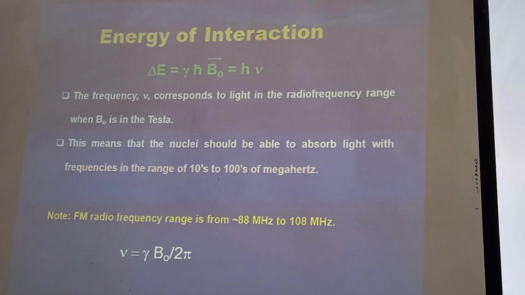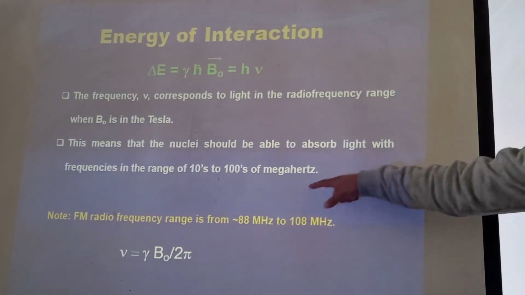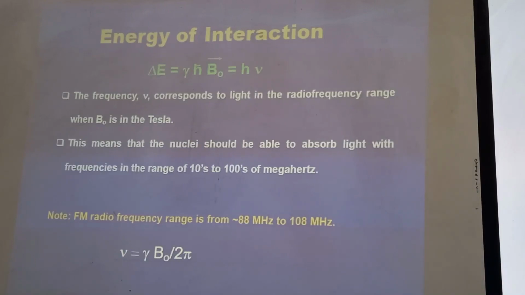Last time I told you that your NMR is a big, expensive radio. It operates in the same way as you operate your radio. You already know that your FM radio frequency is from about 88 megahertz to about 108 megahertz, so it more or less operates in the same fashion.